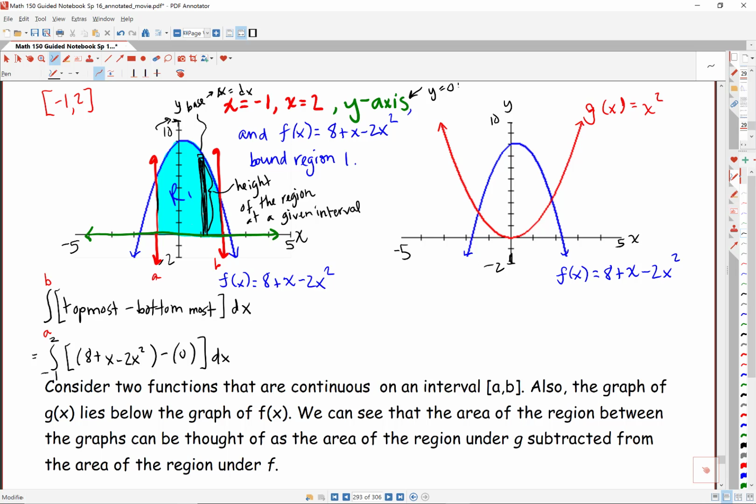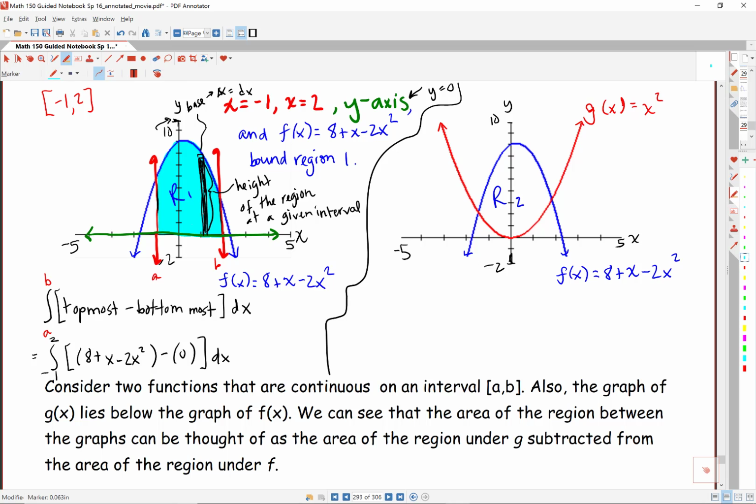Now, in a case like this, there's a little more going on. Okay? So, our region 2, it's completely bound by these two graphs. So you don't need any more information than what you're given here. So basically, what do you think you need to find?